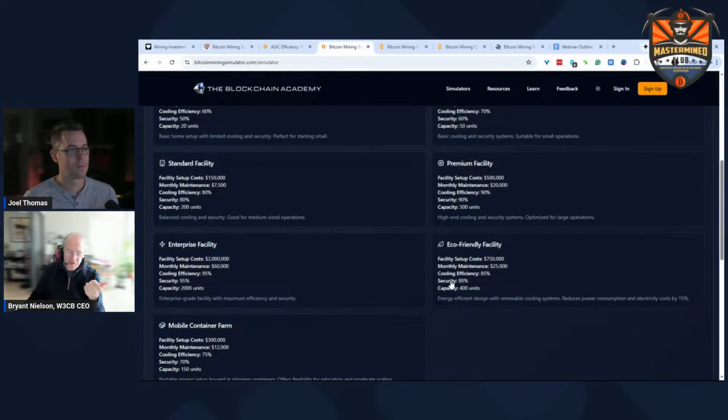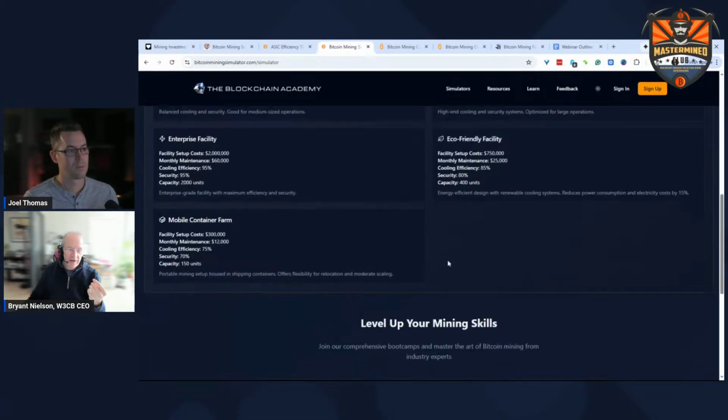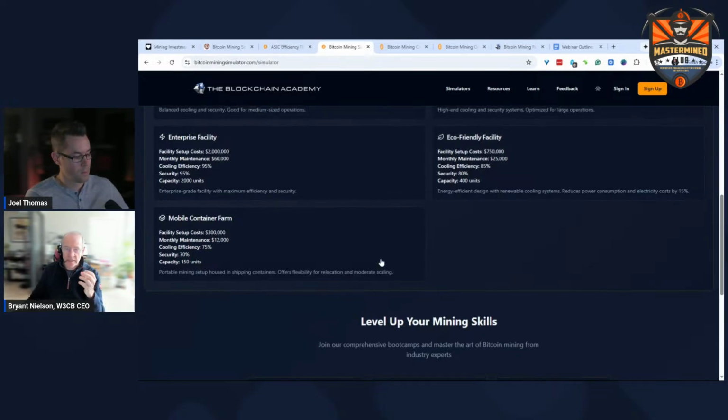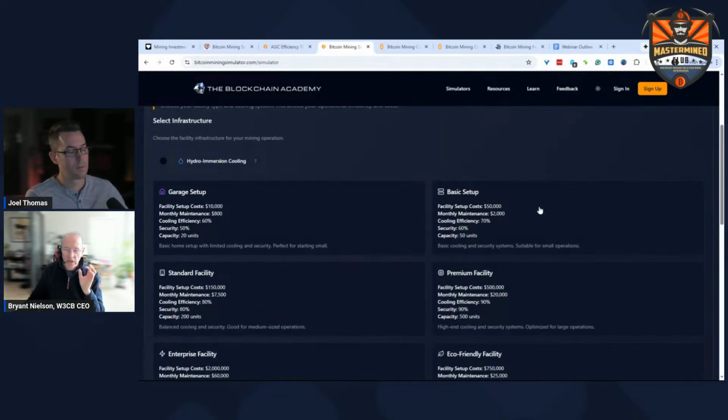What is the level of security there? What is the cooling effectiveness? What is your expected monthly maintenance and facility setup charges? Even a container farm has the ability for you to do this. And so you set up what you're actually looking for. I'm just going to say this standard facility for argument's sake to start.